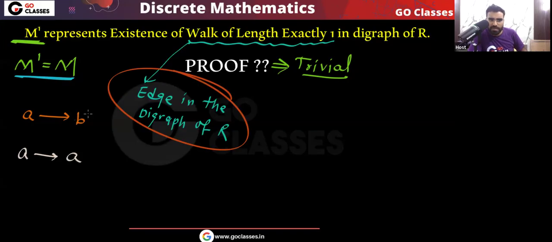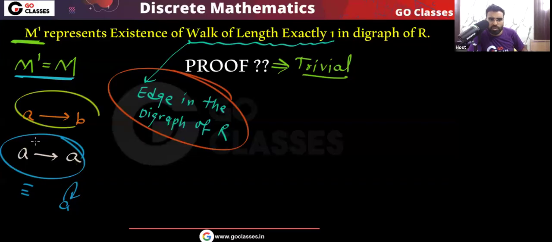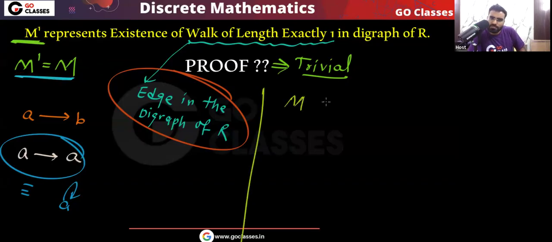Okay. Here you have walk of length 1, here you have walk of length 1. This is the same as a self loop, that is also an edge. And we already know that m power 1 is same as m. So of course m captures the edges. Yes or no?